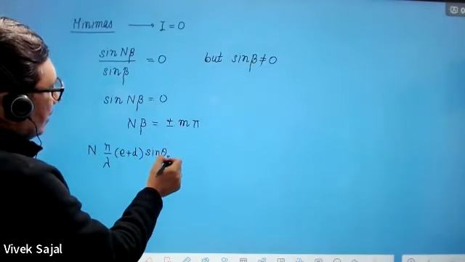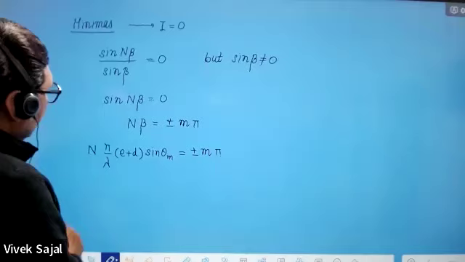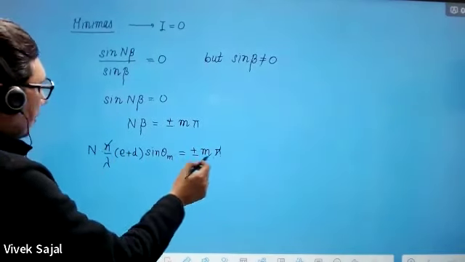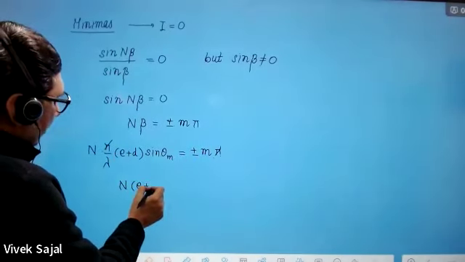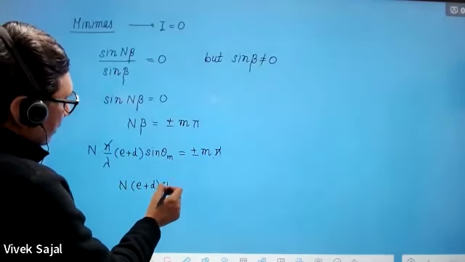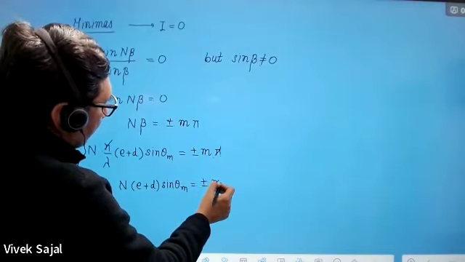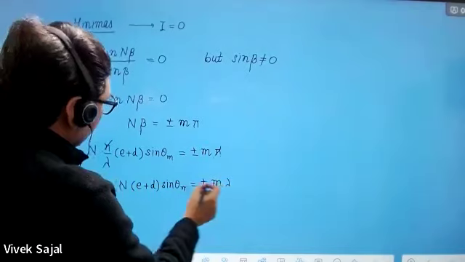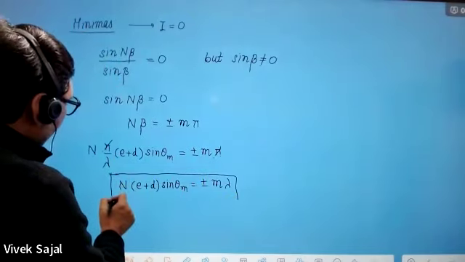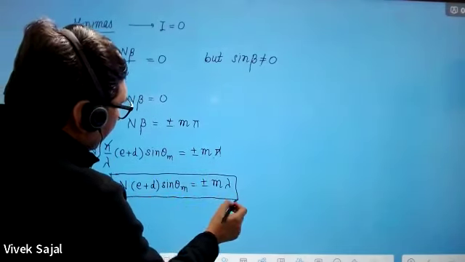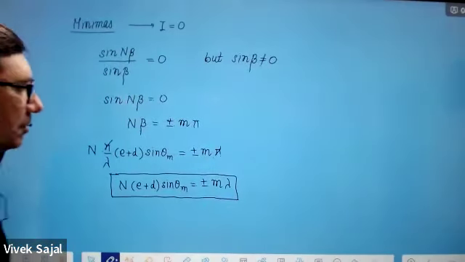So pi will cancel out, and my equation will be n (e plus d) sine theta m equal to plus minus m lambda. This is the condition for minimas.